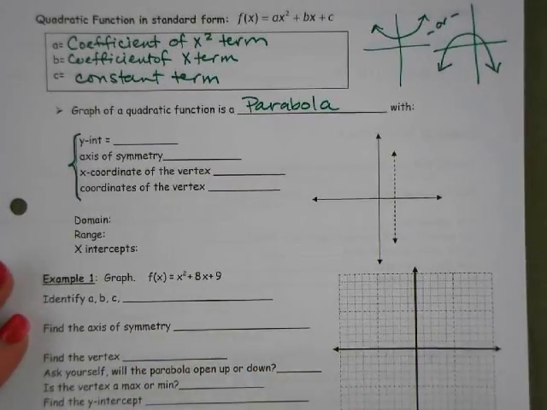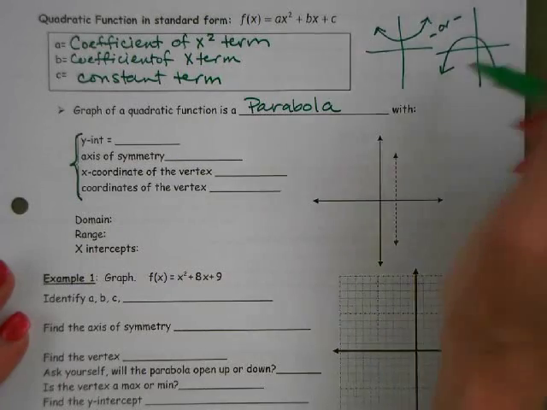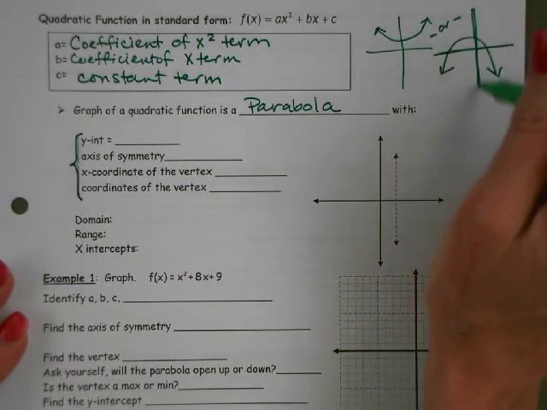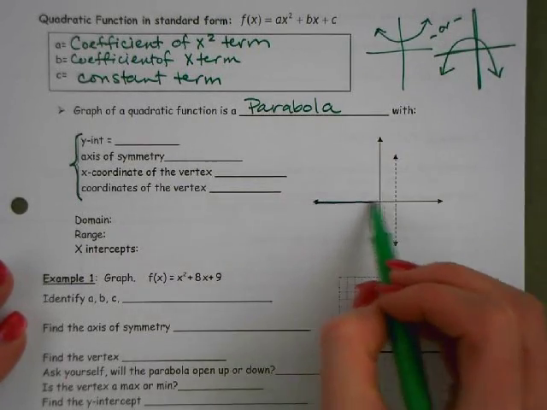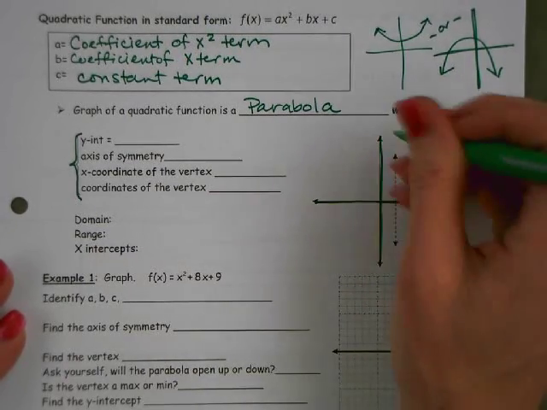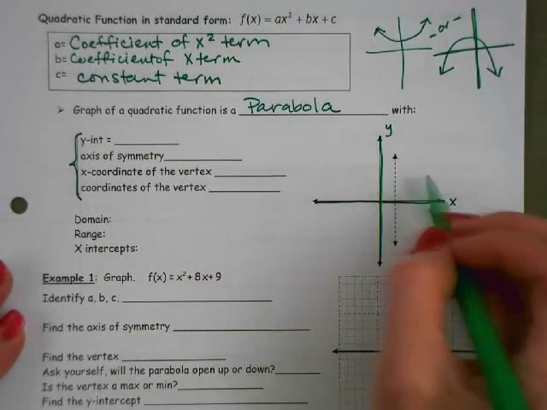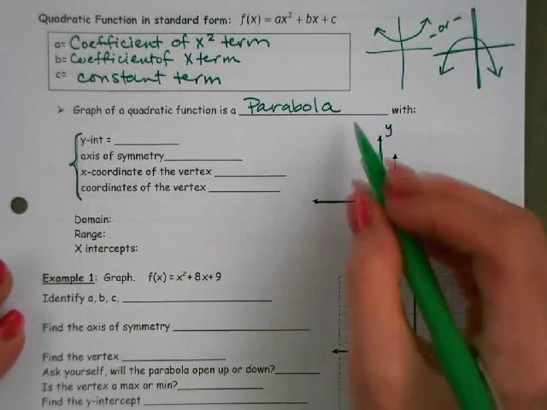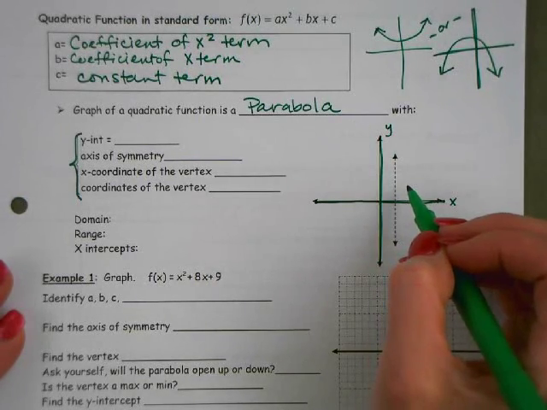Okay? The y-intercept of a quadratic, if you notice, you have the x-axis here and the y-axis here, or if you want to put the x here, this is your x, and that's your y. Okay? The quadratic will always cross over the y-axis somewhere. It's always going to cross over here once. Okay?